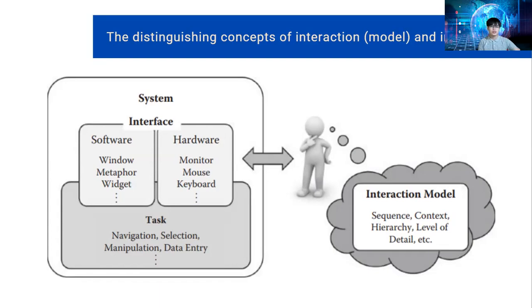When you navigate, when you select, when you manipulate, and there is encoding and data entry, there is an interaction between the software, between you and the computing device. That is, you are creating a task. So this is how you distinguish the interface and the interaction model.